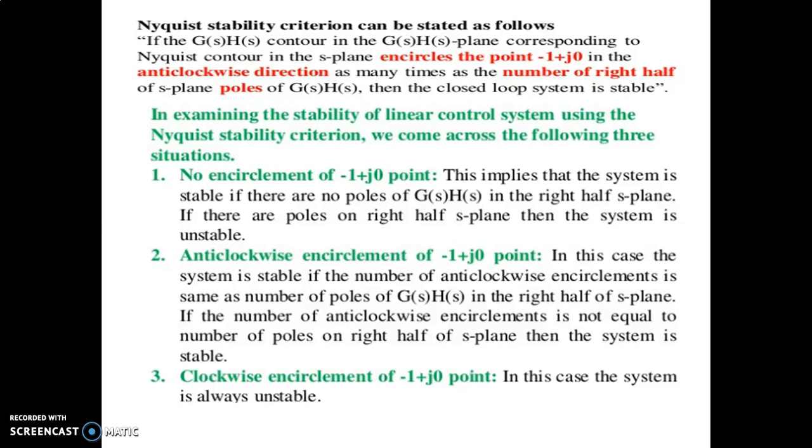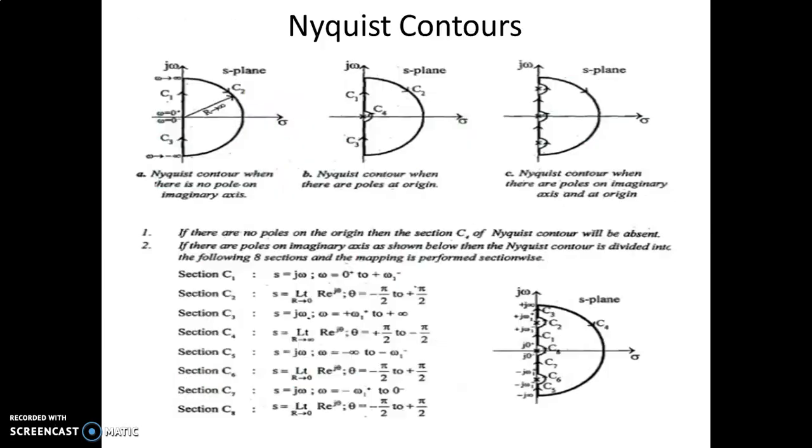If the number of anti-clockwise encirclements is not equal to the number of poles in the right half of the s-plane, that is n is not equal to p, then the system is unstable. That is the second condition. The third condition is the reverse: a clockwise encirclement of the -1 plus j0 point. In this case, the system is always unstable.